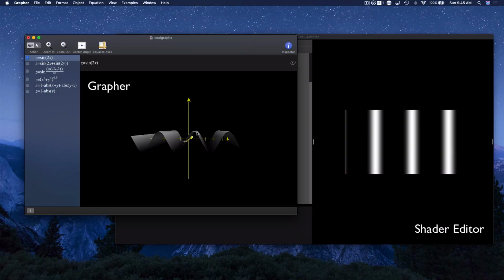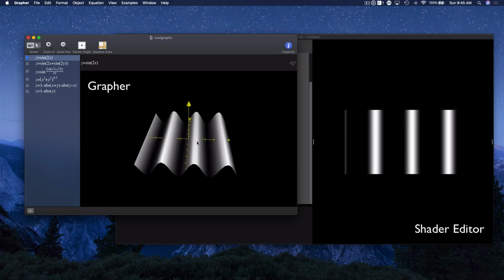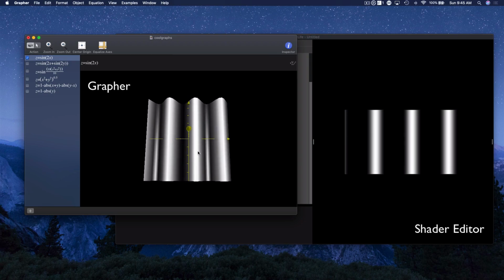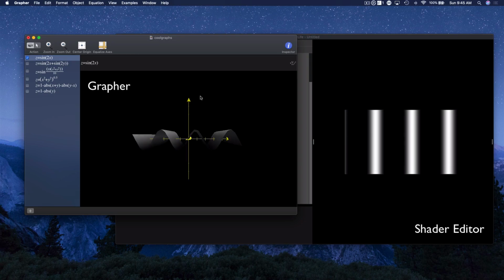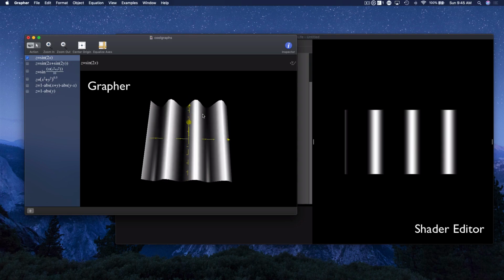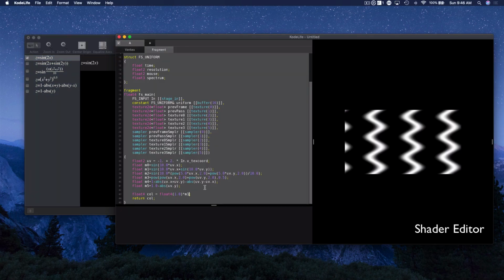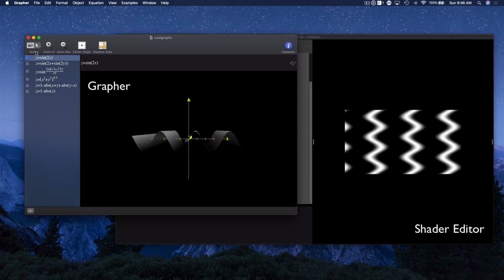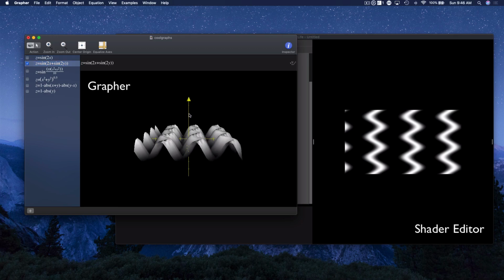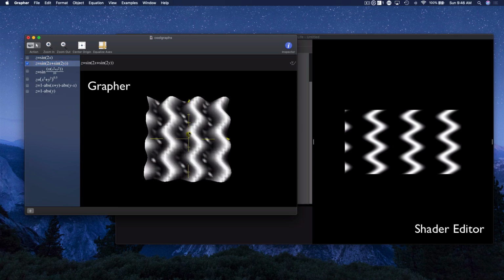I was looking at a sine wave, and by pure accident, I rotated the axis so I could look at the sine wave from the Y direction. And when I did that, I was able to see the same shape that I would see when I would use a shader editor. The same shape of the sine wave showed up on the shader editor.